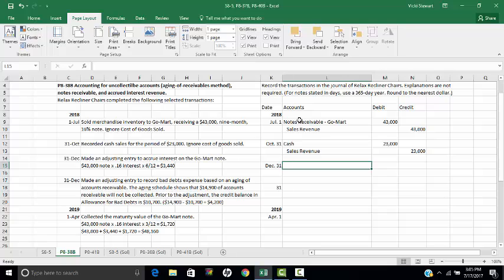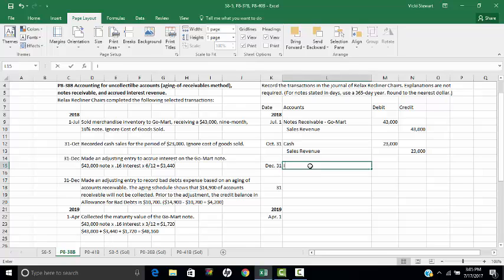On December 31st, it says we made an adjusting entry to accrue interest on the GoMart note. So the principal amount of the note was $43,000. The interest rate was 16%, and the note has been outstanding for 6 months since it was issued. So we multiplied 43,000 times 0.16 times 6 divided by 12, and we get $3,440 of interest.